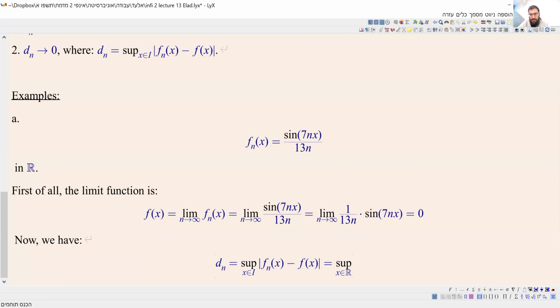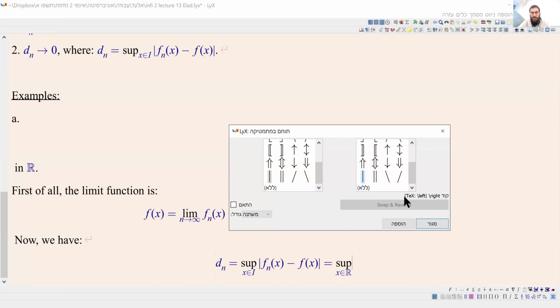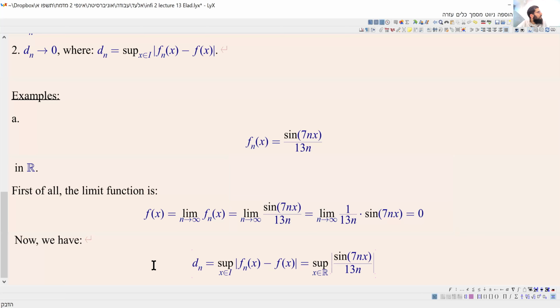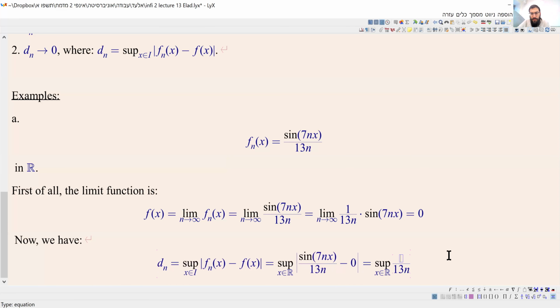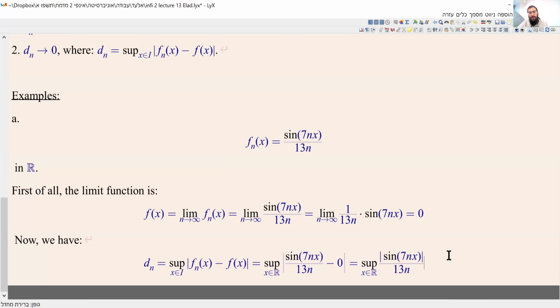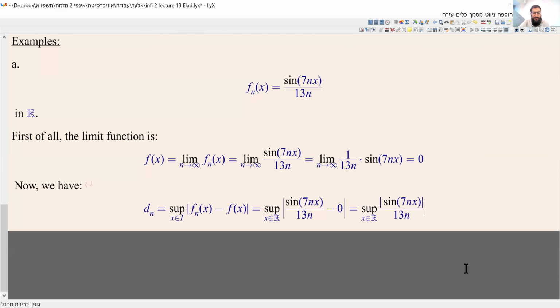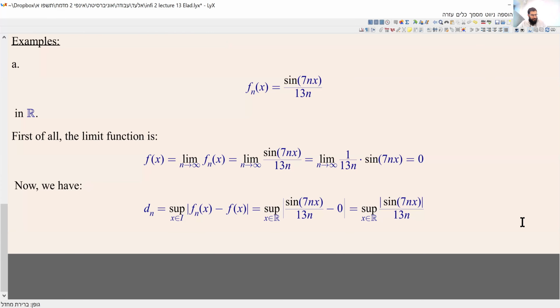So here we talk about the supremum of the functions. We can use the absolute value parentheses. Minus 0 we don't need to write, and 13n is always positive, so it's actually an absolute value only on the numerator. And now, on one hand, we can find explicitly what dn is.